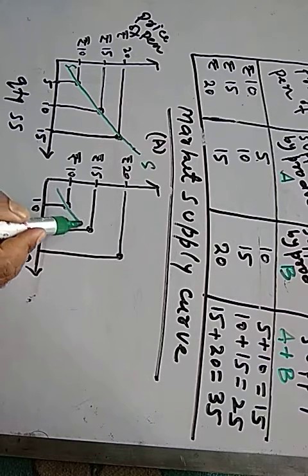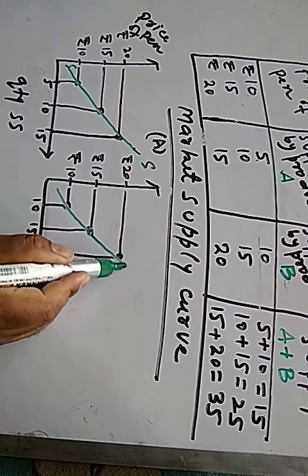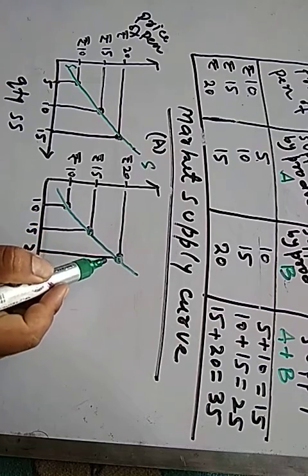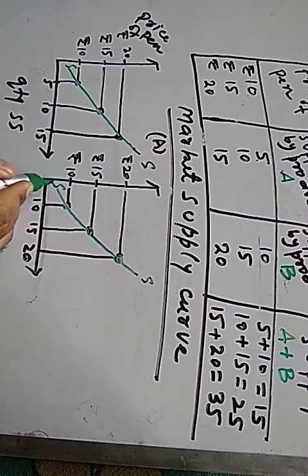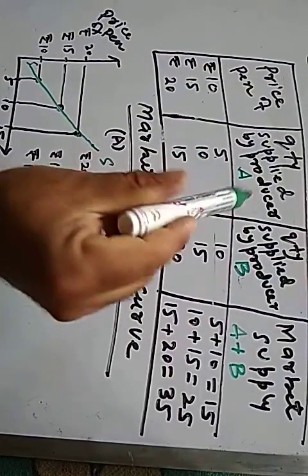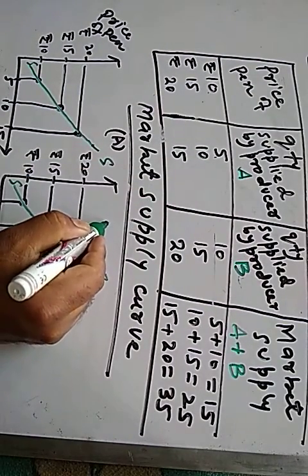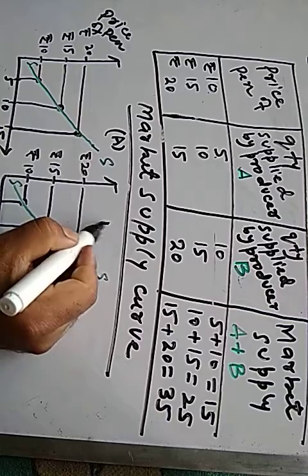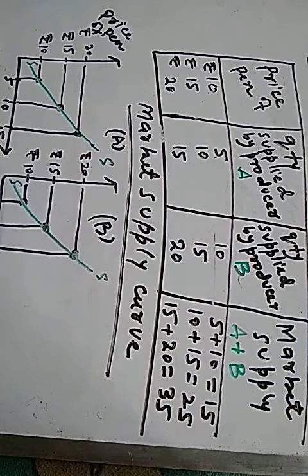Now joining these points, we will get an upward sloping curve. This SS is the upward supply curve of the individual producer, that is producer B. I will write here B, I mean supply curve of producer B.